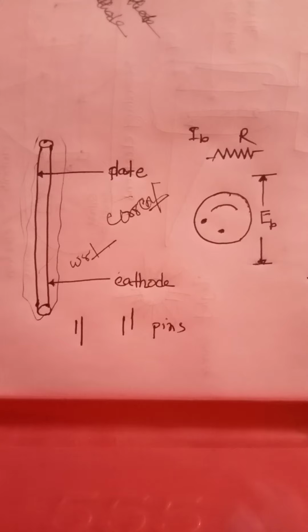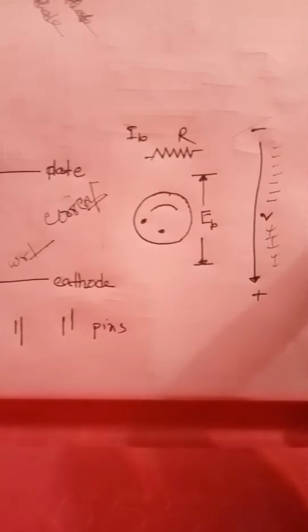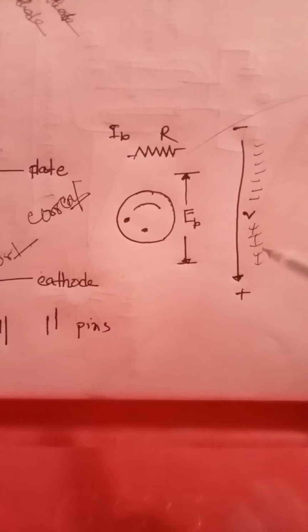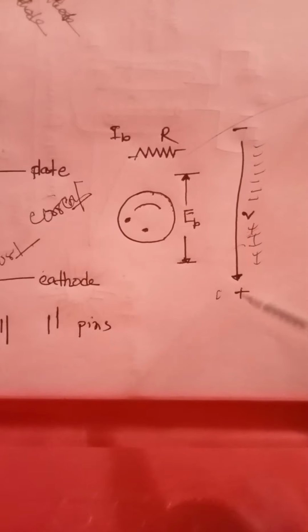As the anode voltage is increased, the electrons acquire more and more energy. At some voltage known as the ionization voltage, ionization of the gas starts and the tube current rises to a large value.